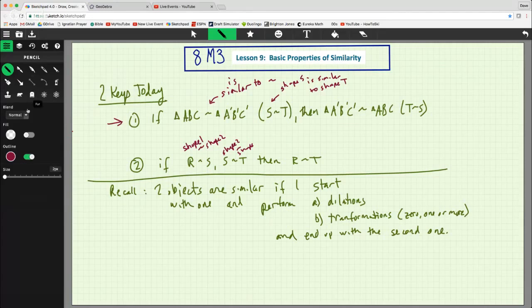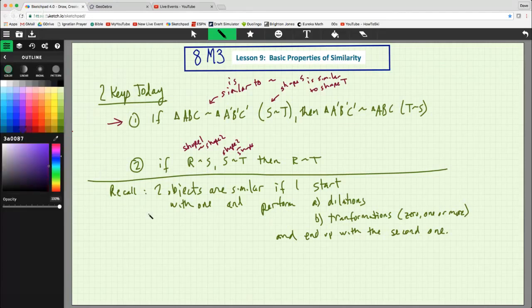One thing I want you to recall is that two objects are similar if I start with one and perform dilations and transformations on it, which are translation, which means move, reflection, which means to mirror, and rotation, which means to twist.